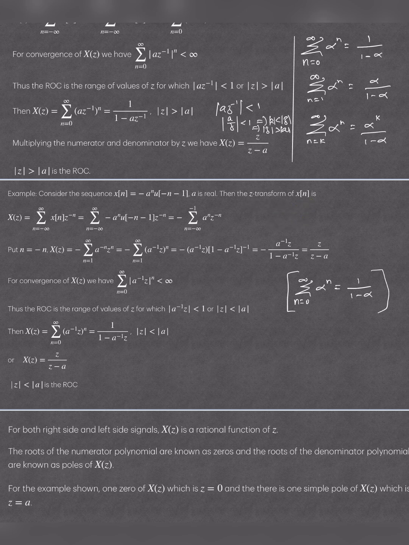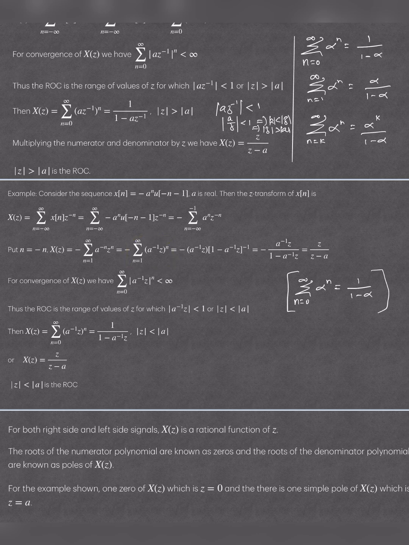So I am writing n equal to 1 to plus infinity after replacing n with minus n. This becomes n equal to 1 to infinity of a power minus n, z power n, because we replaced n with minus n. Now when you take this a power minus 1 into z whole raised to the power n, this is actually summation n equal to 1 to infinity of a power minus 1 z, whole power n.